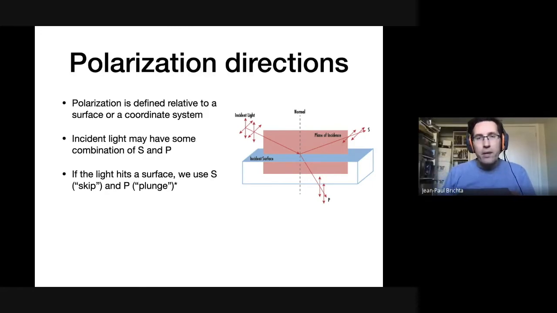Whereas P polarized light will plunge in and through the surface. You could also call it vertically polarized, which is fine, but it depends on the orientation of your surface. So this is P polarized light, plunging into the surface. This is S polarized light, skipping off the surface.